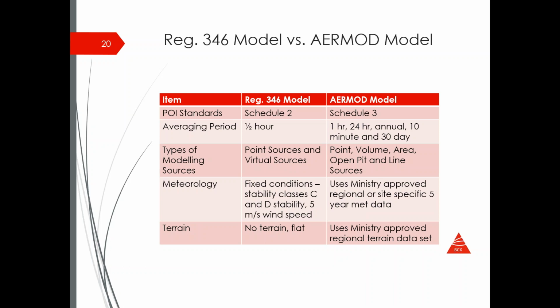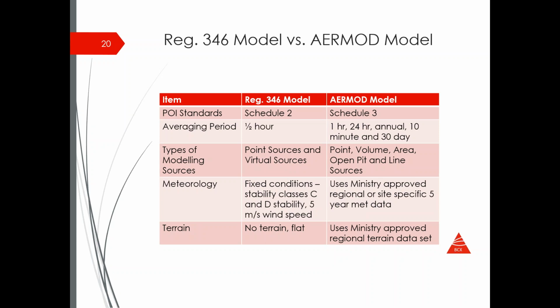For averaging period, 346 can only produce half-hour results, but AERMOD can produce results with different averaging periods from 1 hour to 24 hours, annual, 10 minutes, or 30 days. The type of modeling sources are also very different for the two models. 346 only gives you two options: point sources for the really big major stacks, and the rest will be the simple virtual sources.